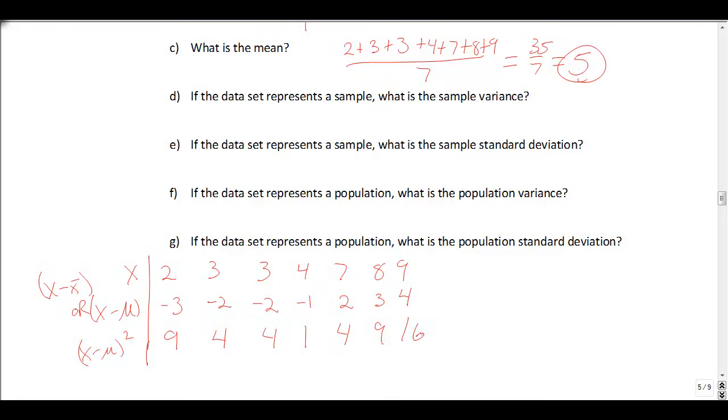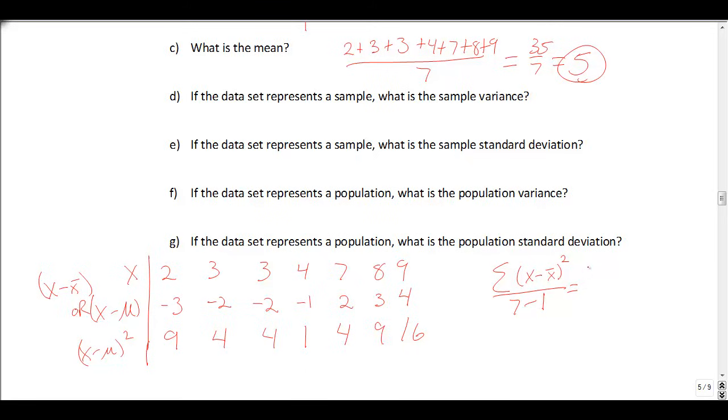And then for the sample variance, what we're going to do is add up x minus x bar squared, which is really just the same numbers. We add up these 7 numbers here, and for some strange technical reason that we're not going to get into, instead of dividing by 7, you divide by 7 minus 1, if this came from a sample.